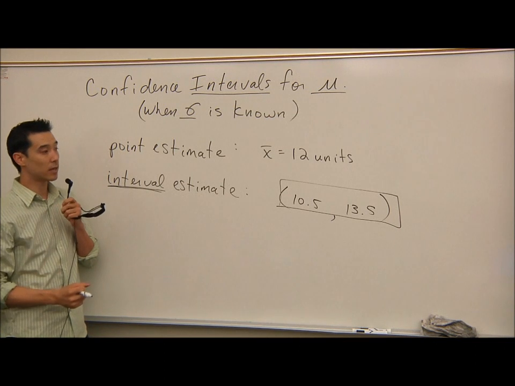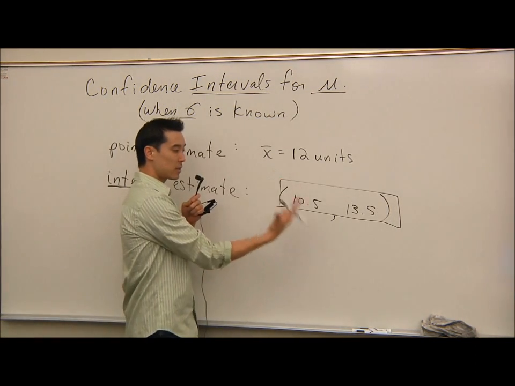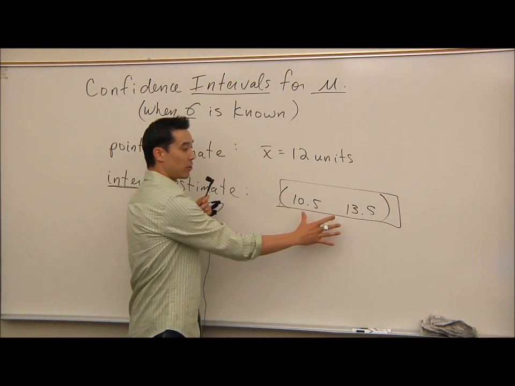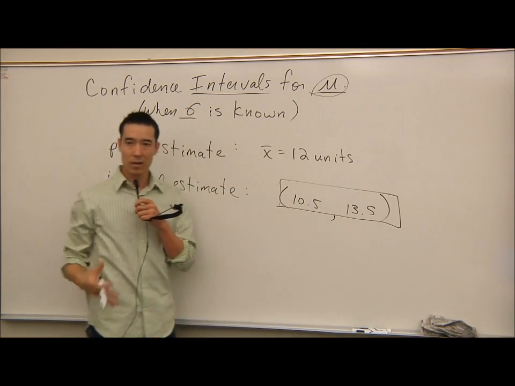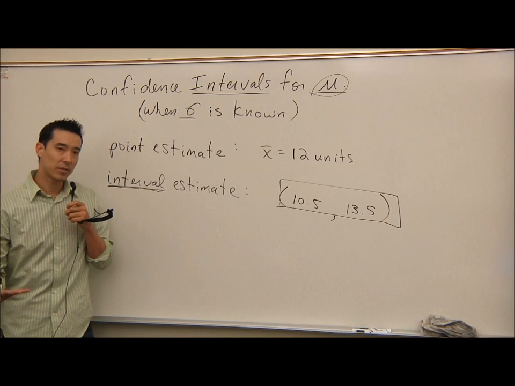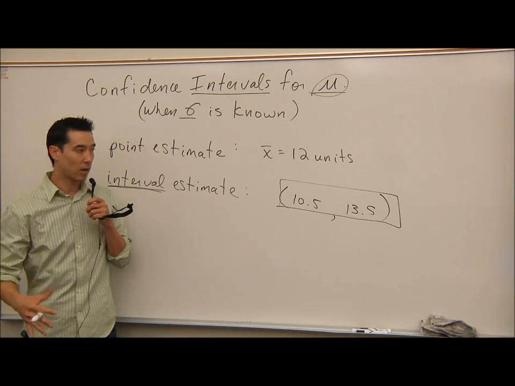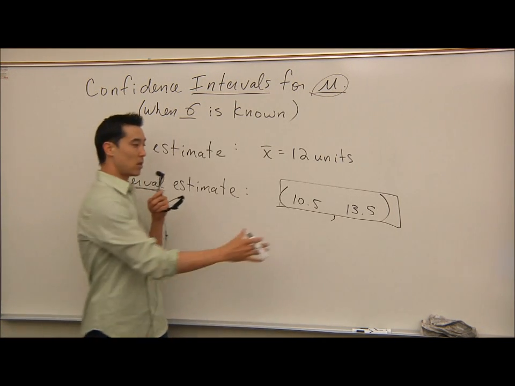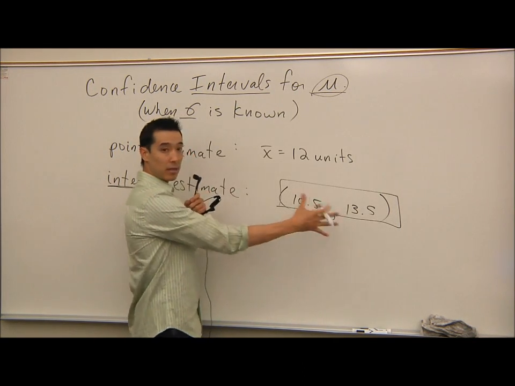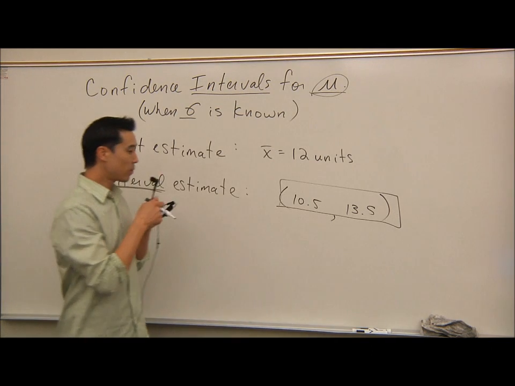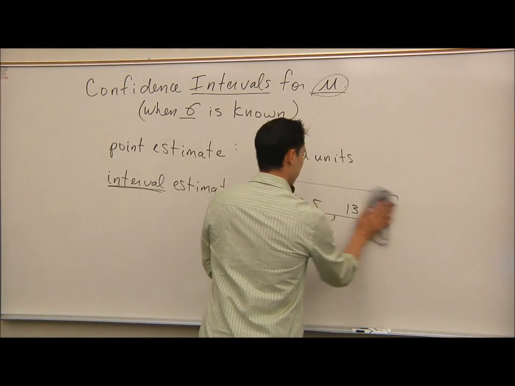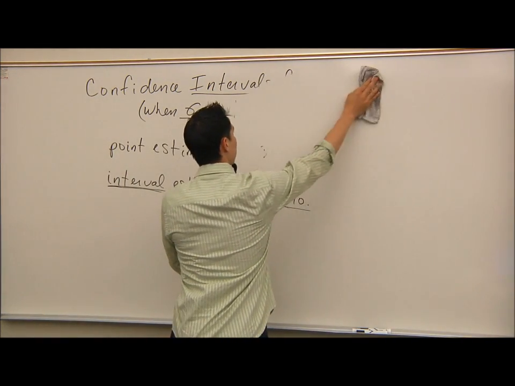Okay, and in particular in this section, you're going to have statistics from a sample, and you're going to use that to estimate the population mean. Okay, we're going to say, okay, with 99% confidence, or with 95% confidence, or with some level of confidence, we think the real population mean is in this interval. Okay? All right, so before we can do that, there's a couple of things that we need to look at.